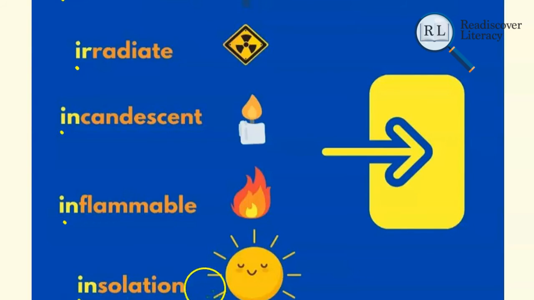So sol is the sun, so insolation, the sun coming in. Flamma is the flame, so inflammation. You get that when you get ill as well. If you have a problem with your joints or something, they get inflamed. Yes, they get into flame. They get all red and hot. Yes, so that's the flame going in.